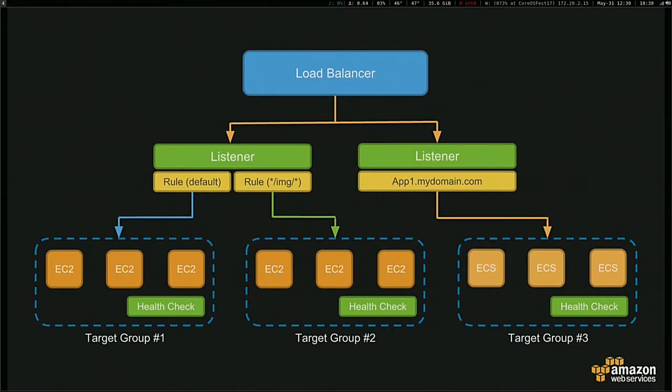But any request that comes in and has image in the URL somewhere, we forward it to target group number 2. And then finally, for everything that comes in with the host header app1.mydomain.com, we forward to target group number 3. And so this really lets you use a single load balancer for a number of different services in front of Kubernetes instead of a dedicated ELB for every service you want to run in your cluster.